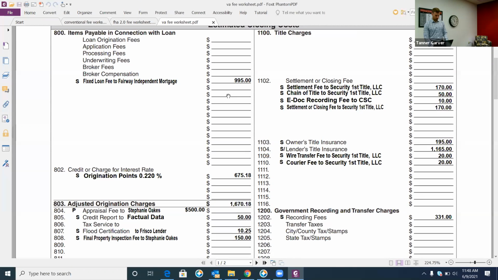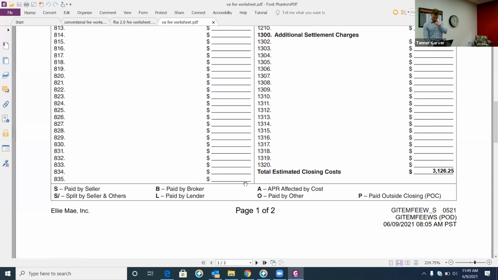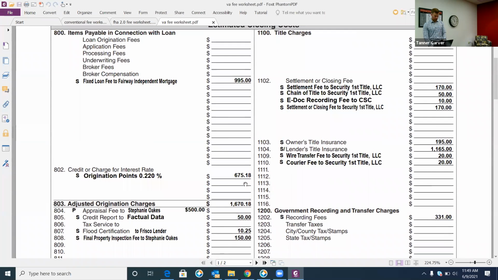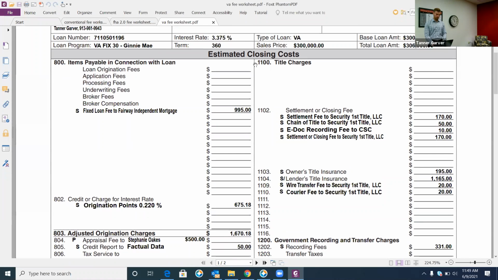So when you see this origination point, he bought down his rate. When you hear buying down a rate, that means you can pay a certain percent of your loan amount and get your interest rate lower.